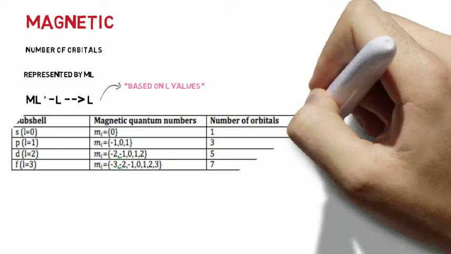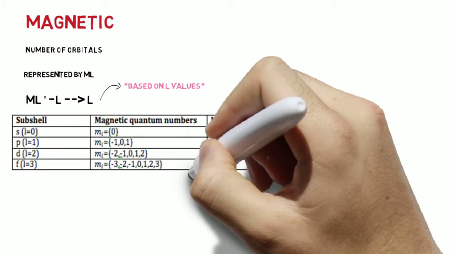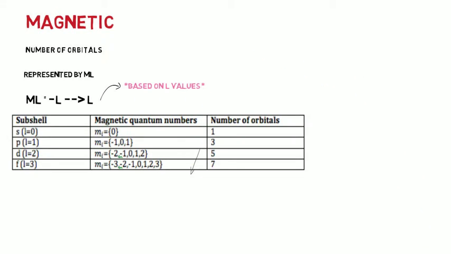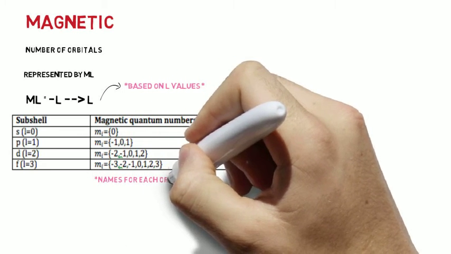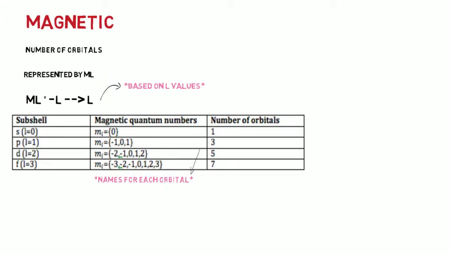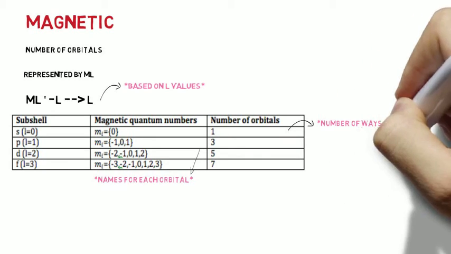The magnetic quantum numbers are the names for each orbital. And the number of orbitals is the number of ways to draw the shapes.